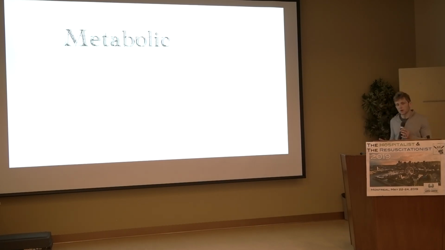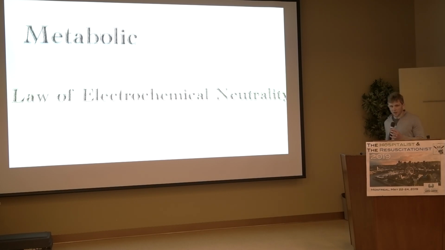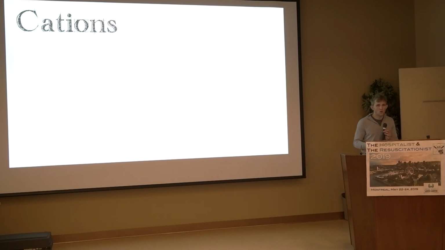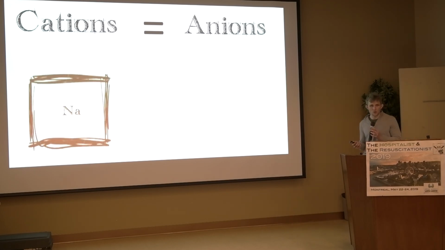And when we're talking about metabolic acidosis, it's the law of electrochemical neutrality, meaning all our cations have to equal our anions, right? And so the largest cation in our blood is sodium, right? So you've got a big block of sodium there, and what else do you have?